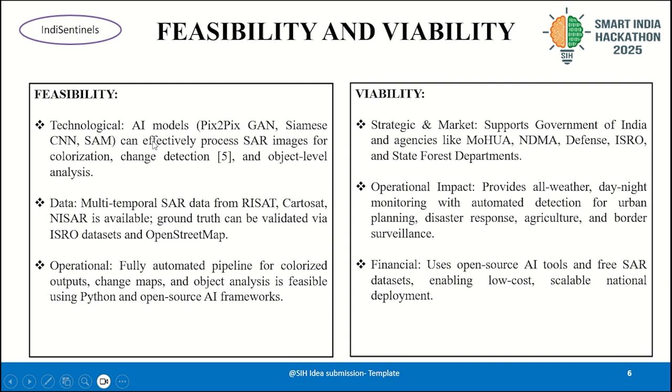Also, as SAR satellite imagery is all weather and day night, it will even work in foggy areas and in cloudy weather. So we will be getting updates of the entire country, as nationwide monitoring will be there.